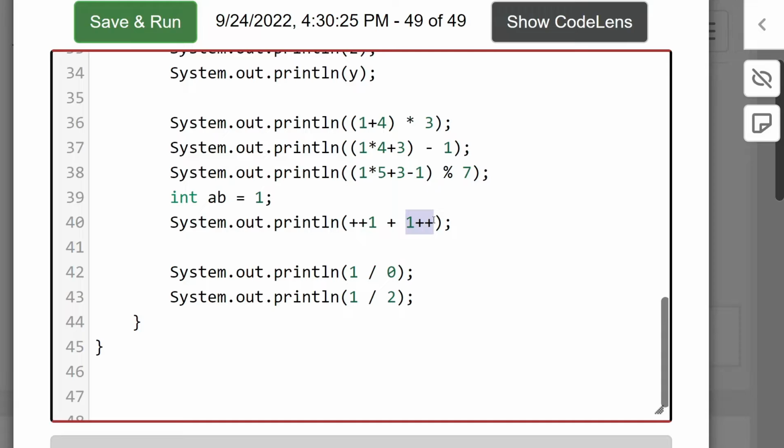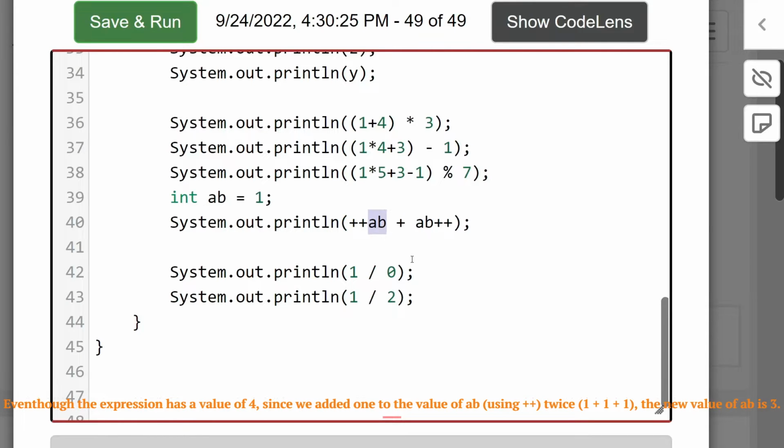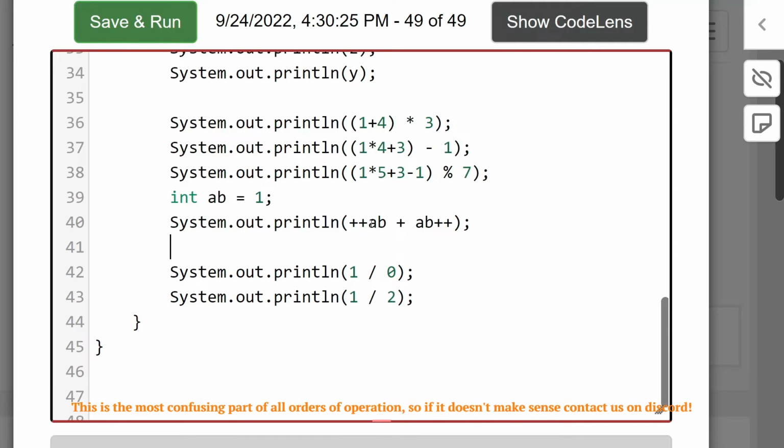Then this will run first, giving us a value of 2. And then this will run, giving us a value of 2. And the answer to this equation is 4. So I want to explain that one more time because I'm sure that's confusing, okay? When you are plugging a variable into an expression, the variable is plugged in before anything else, even something as high priority as increments.